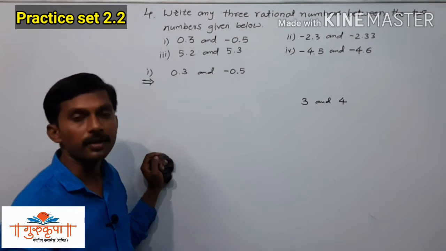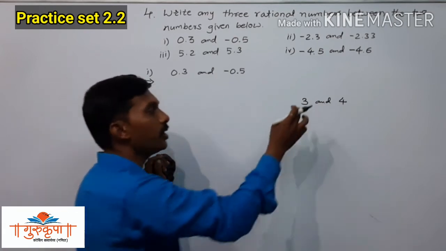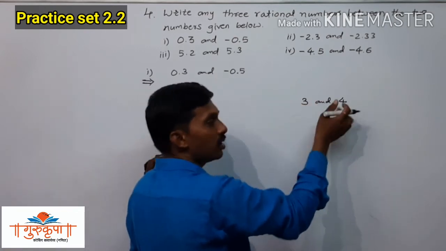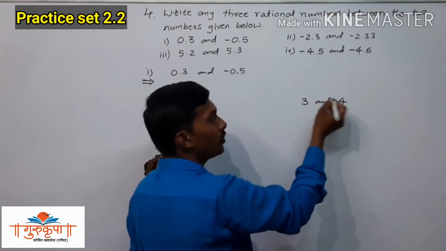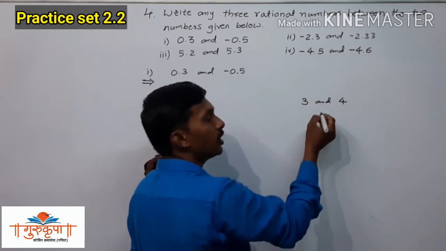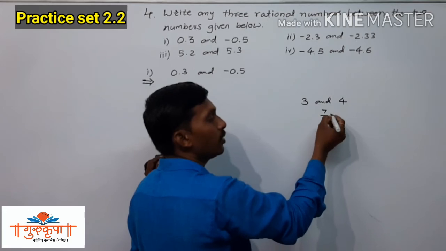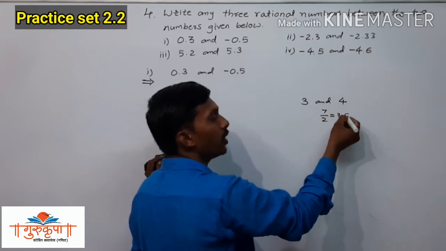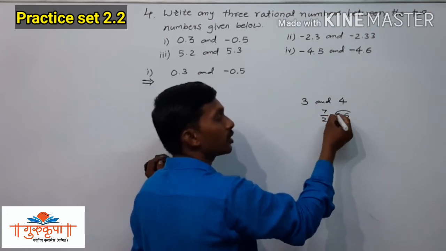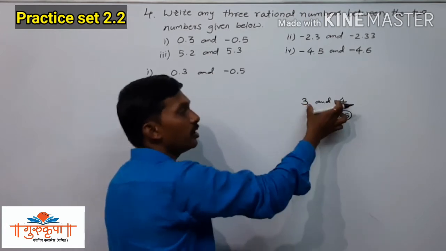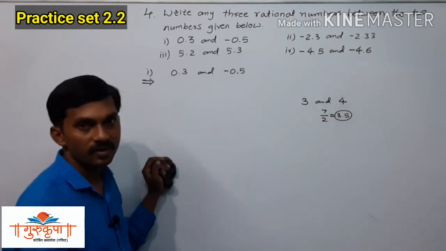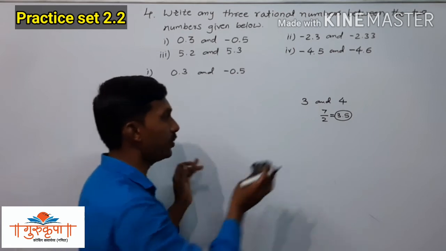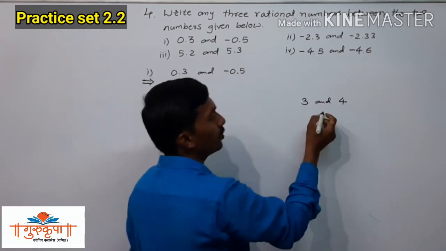So you will get a number between these two numbers. Adding 3 plus 4 gives 7, divided by 2 is 3.5. This is a number between these two, that is 3.5.